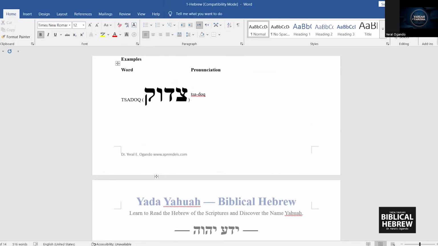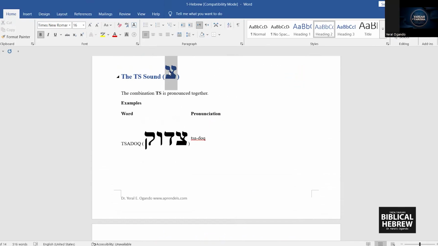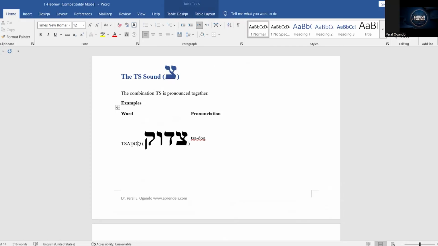Next sound is Tzadi. Tzadi is a tricky one, and it's easy for you to remember because all you have to do is remember the word pizza, because it's pronounced like TS together, pizza. We have example here, which is Tzadok. Tzadok, because you have the tza here.